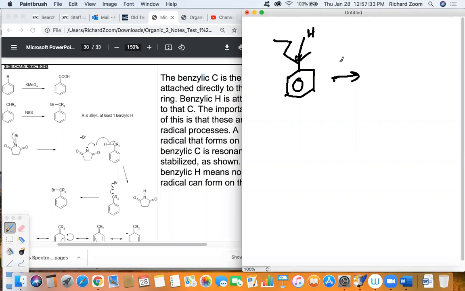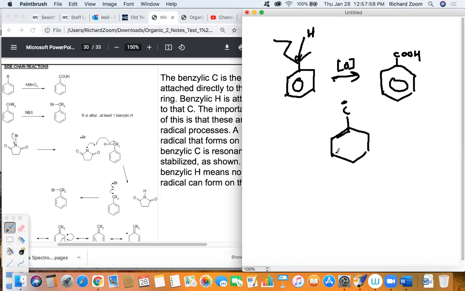then we can, and I'll use the symbol for oxidation here, it doesn't matter, we end up getting benzoic acid as a product. The reason this ends up happening is because one of the intermediates is going to be a C dot attached to the aromatic ring, and this C dot is called a radical.